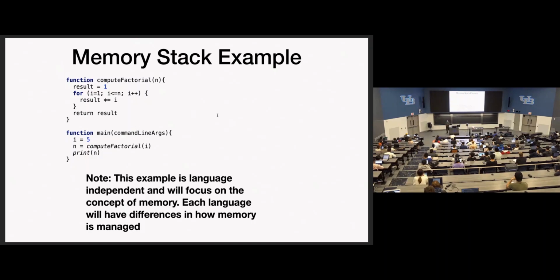I don't care if you can write a conditional in Python. I care that you understand what a conditional is doing and how that's affecting the control flow of your program. Same thing here. I want to make sure you understand how RAM works. I don't care that you know how RAM works in Scala. So this is intentionally language independent. Just by accident, it does compile as JavaScript code, but that's strictly by accident, just by the keywords that I used.